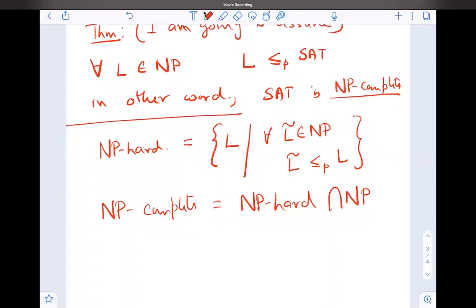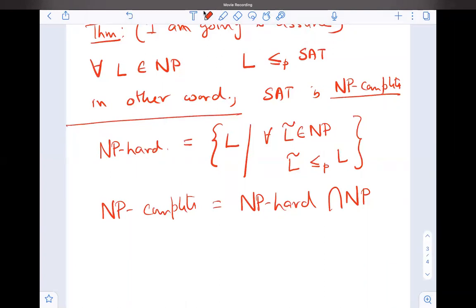There are problems which are much harder than NP, so they are way out there. Something like whether there is a winning strategy for the first player in chess. That is also NP hard, but that is not in NP.